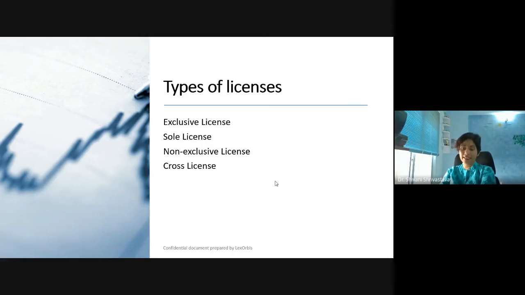And then there is one more point. We can give an exclusive license which can be limited to a time where the licensee can establish the new business. So once the business is established, all the infrastructure is ready, and they start manufacturing the product, only till then the license would be exclusive. After that, it can be non-exclusive license.